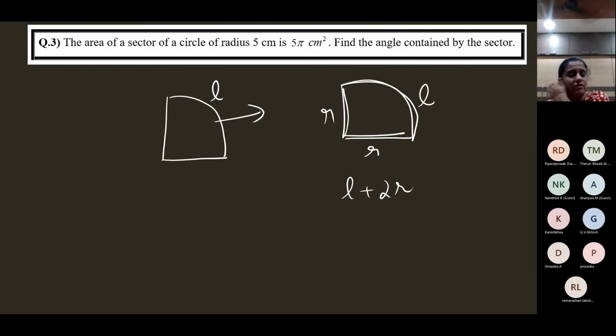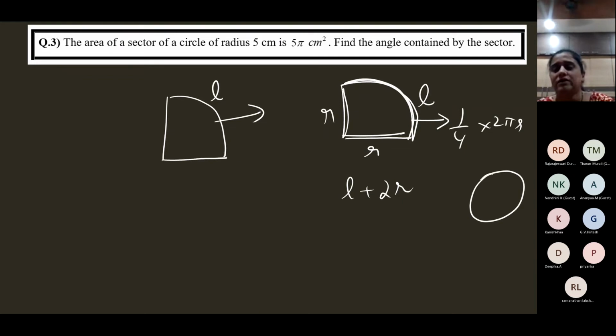If you want to find only the length of this piece, this will be 1/4 of 2 pi r, because the length of this full thing is 2 pi r, but there's only 1/4 of it. Or as Ananya said, you can write 90 by 360 into 2 pi r, which is also 1 by 4.